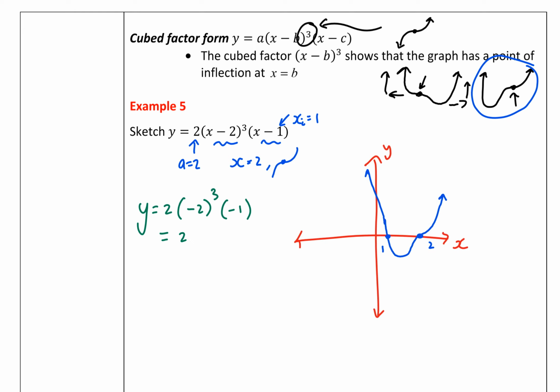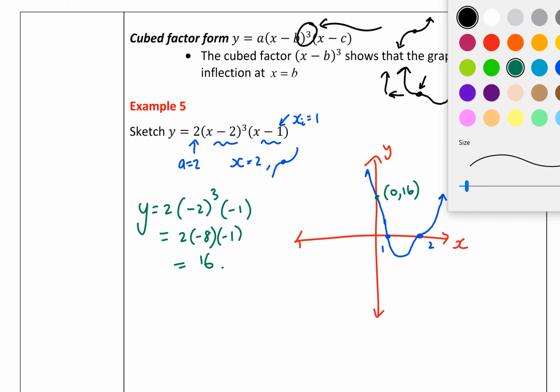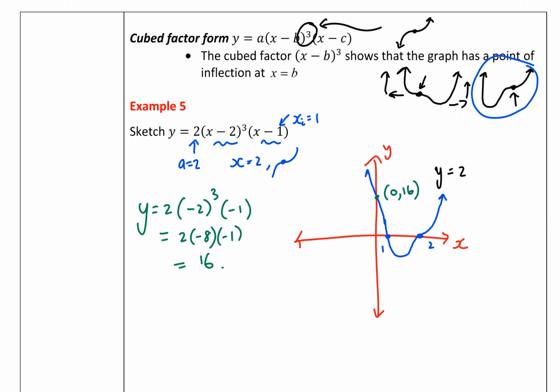And that's going to be 2 times negative 8 times negative 1, which is 16. In order to make sure we get the marks, we should also sketch this curve. And just for surety, I might fill out these intercepts there. With 3 points, I'd say I've done enough to show this dilation.